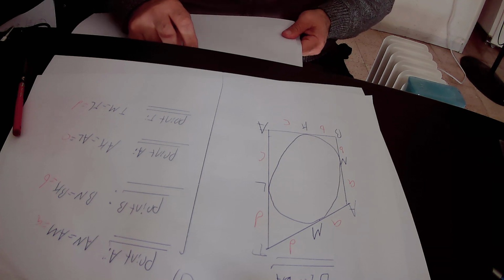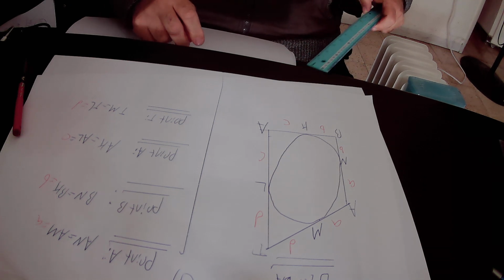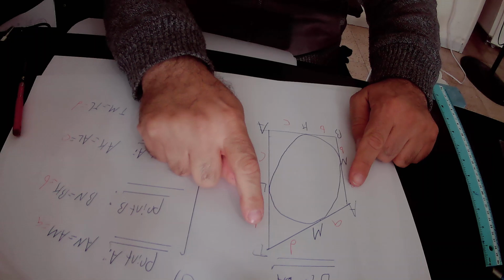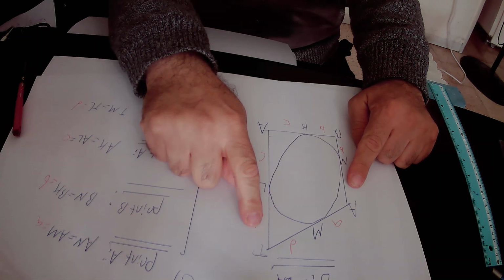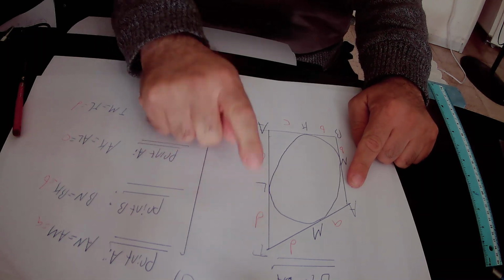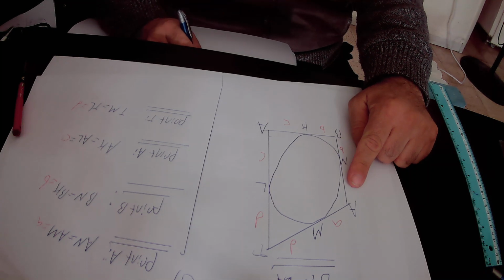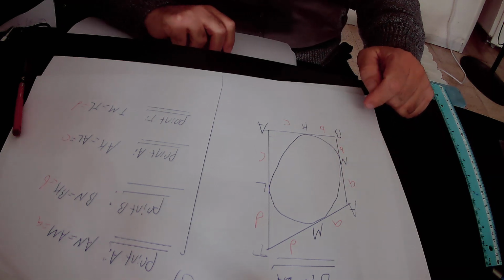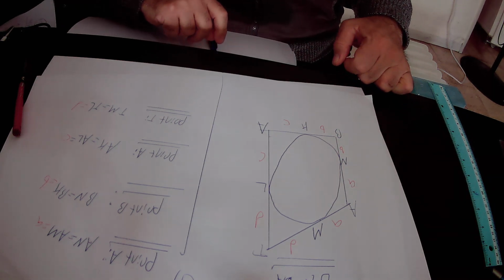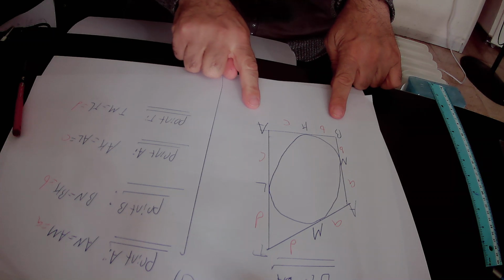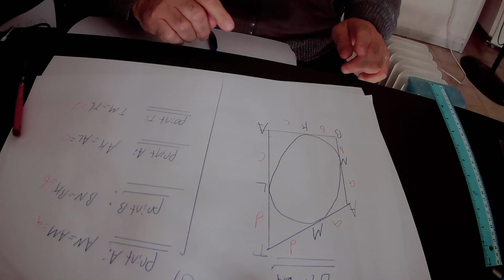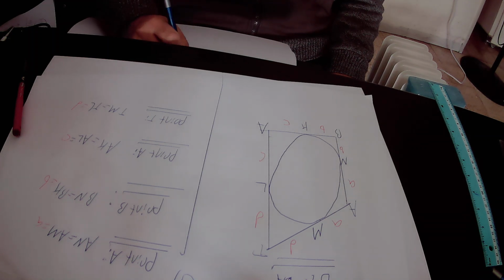From the drawing, it is very easy to see that the length of side AT equals A plus D. So we substitute AT by A plus D. And BA, it's very easy to see that BA equals B plus C. We substitute BA by B plus C.